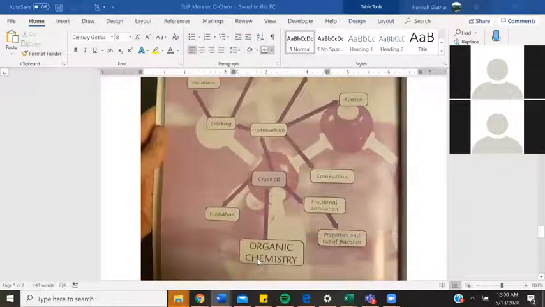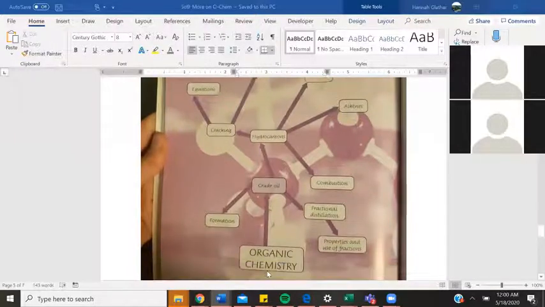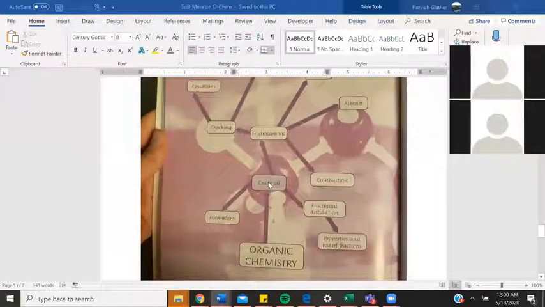Just a reminder, a little mind map for you of some of the things we've talked about in organic chemistry. Crude oil is the basis of how we've looked at organic chemistry. How is it formed? How can it be divided up through fractional distillation? And what are some of the properties and uses of each fraction?